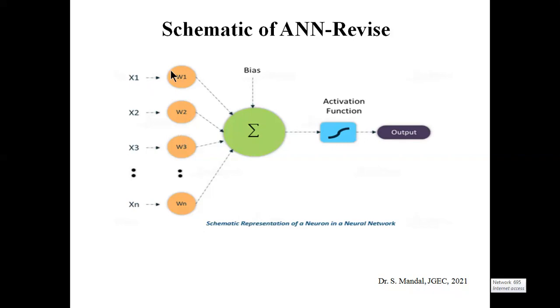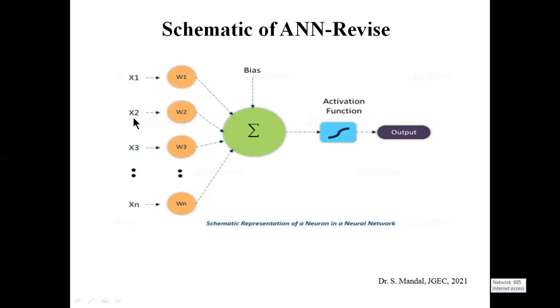One is called input layer, another is called output layer, and in between them it is possible that some hidden layers exist, but in case of complex problem. But if we consider only simple neuron, we can omit the hidden layer. So basically this is the schematic of a simple neuron.